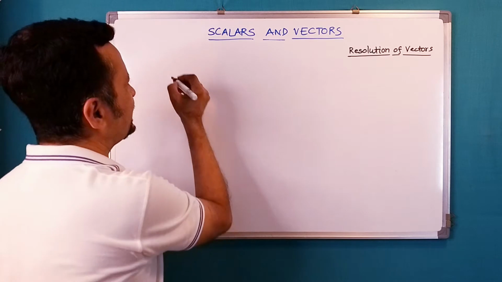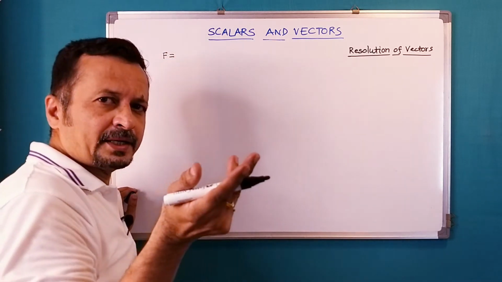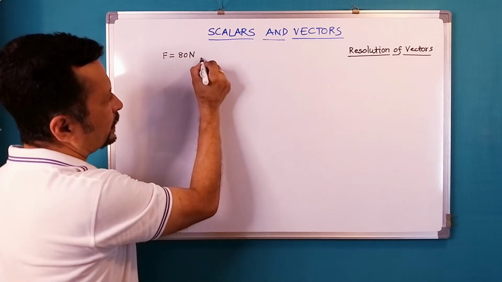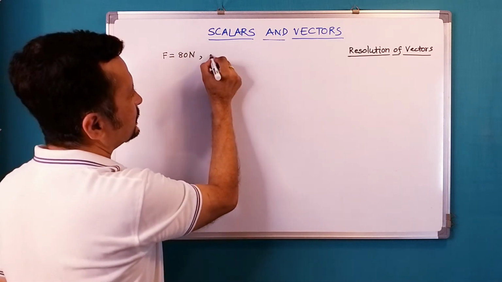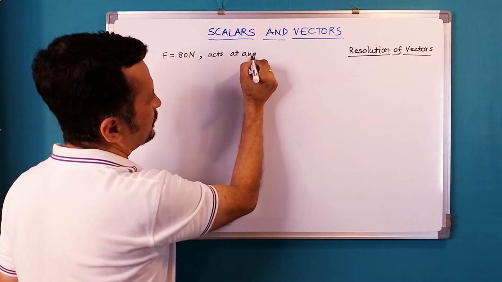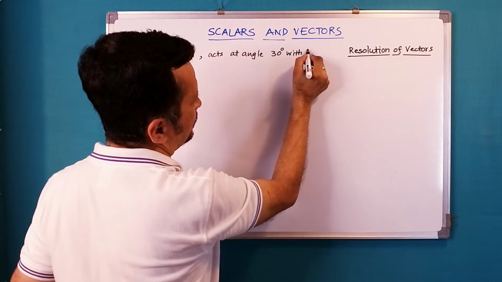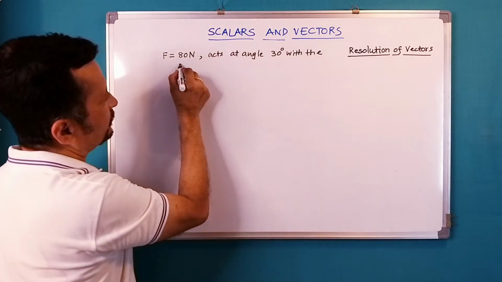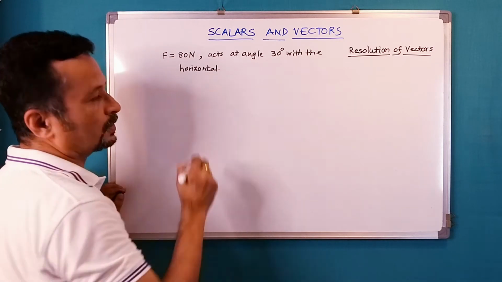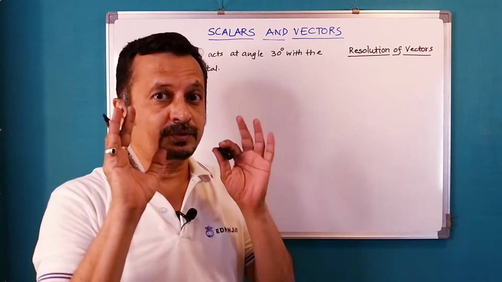So I say force F is equal to, let us have some magnitude, let us say 80 Newton, acting at an angle 30 degree with the horizontal. I'll call this force F1.